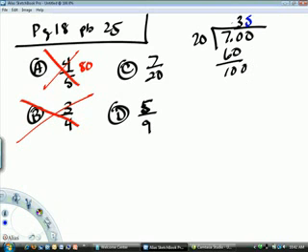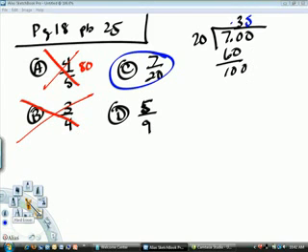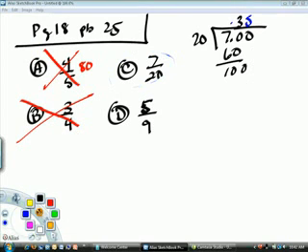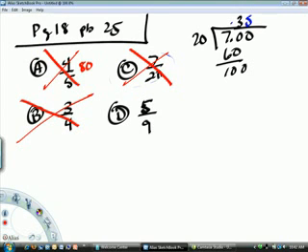I get 0.35. Okay? So I know that stops. Oh, that's not the answer, though. So I don't know why I circled it. That can't be the answer because it stops. So it's got to be D.